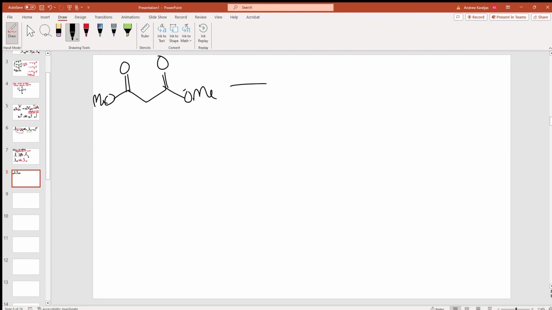And in this reaction, we add base in the first step, and then we follow that up with our alkyl halide. Now we can use base here because we don't have a carboxylic acid group present. So the base, as we would expect, will remove this alpha hydrogen. And this alpha hydrogen is really easy to remove. It's the hydrogen between two carbonyls. So very, very acidic hydrogen.